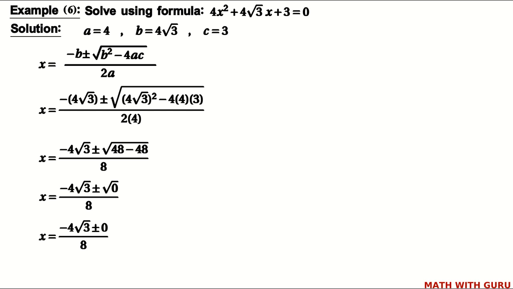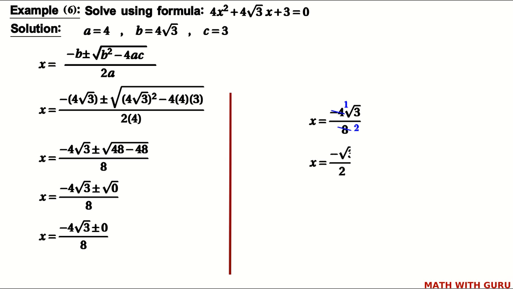0 when added to or subtracted from any number, the number remains the same. The number becomes unchanged. Therefore, x equals minus 4 root 3 divided by 8. 4 ones are 4, 4 twos are 8. x equals minus root 3 divided by 2.